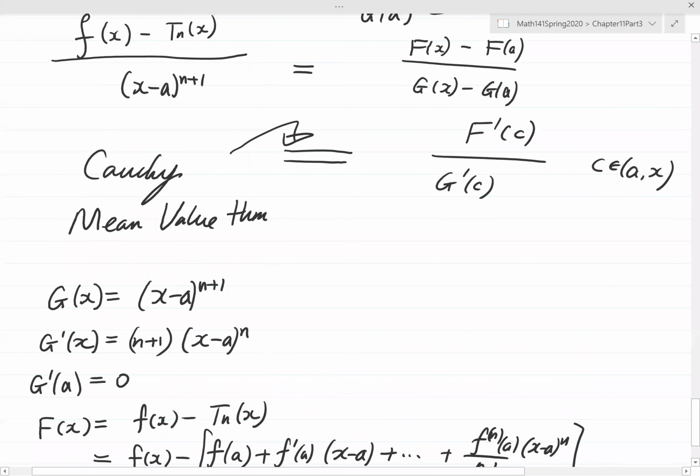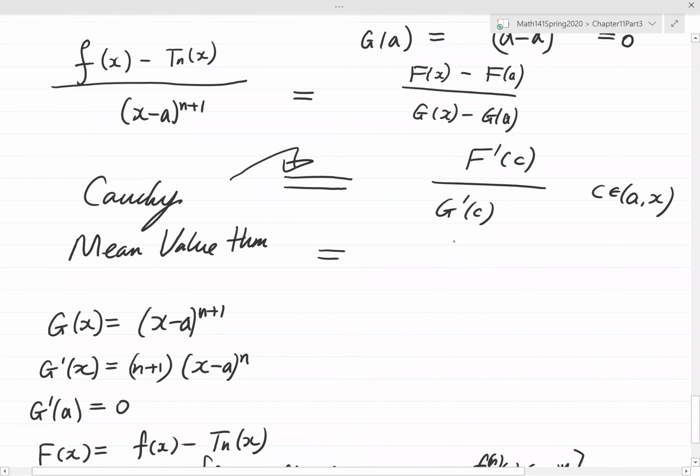So let's return. This is F'(c) minus F'(a) over g'(c) minus g'(a), because we just add some zeros, since F'(a) and g'(a) are both zeros.